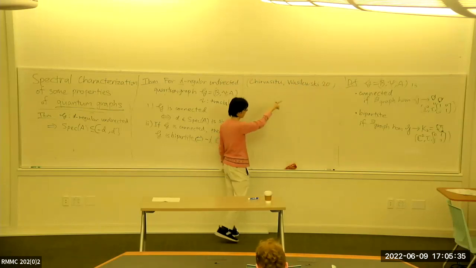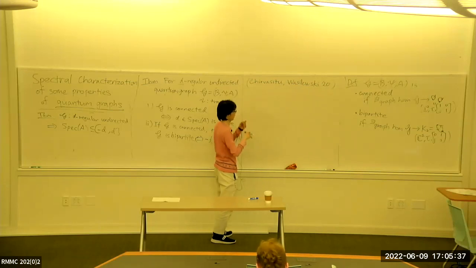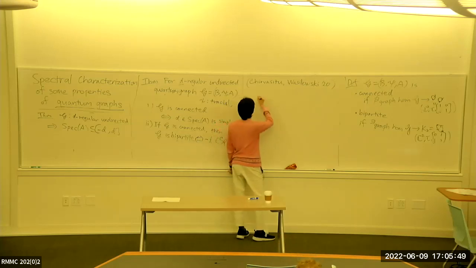They gave a way to generate quantum graphs by using GUE random matrices.